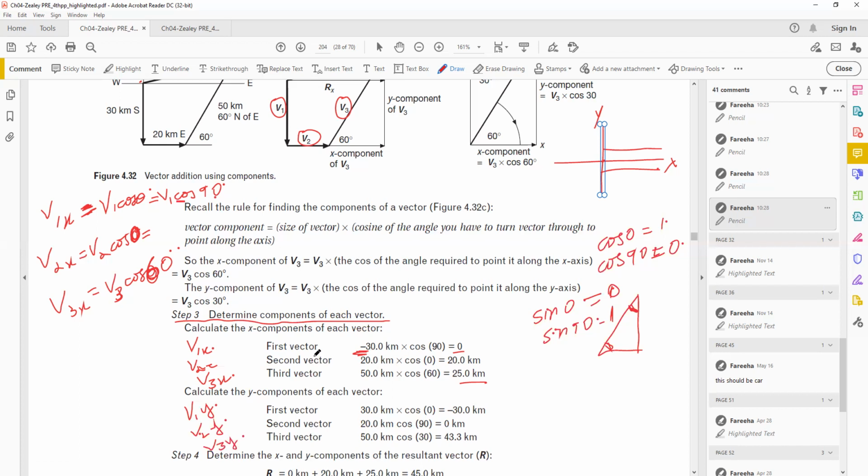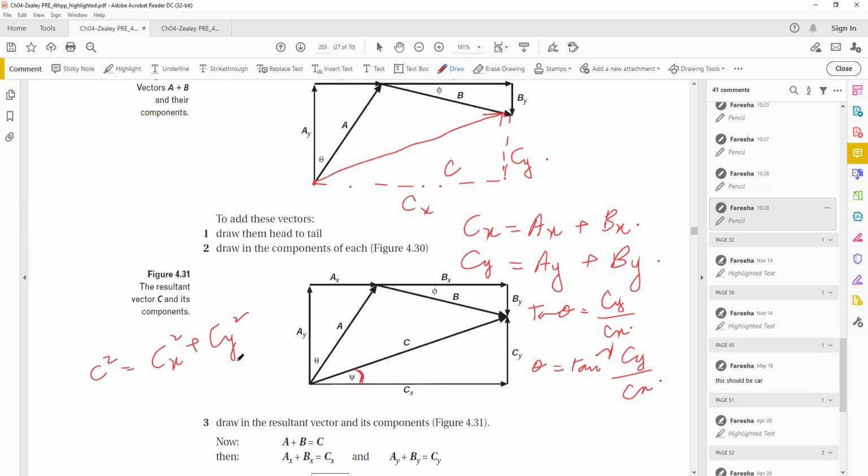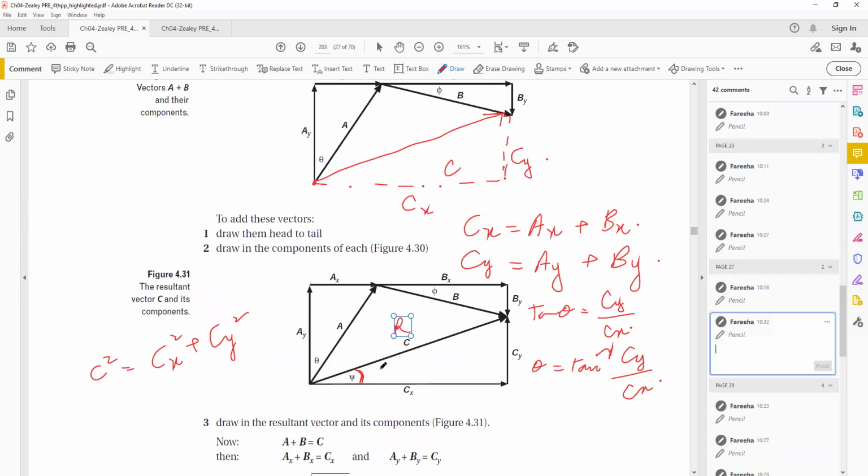So now you have found the x components of the given vectors and the y components of the given vectors. Now we can again use this formula that the resultant in this case was C. Now we are representing it by R. Okay, so the resultant, we find the x component of the resultant and we find the y component of the resultant.